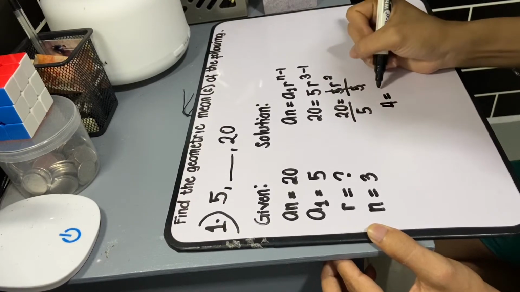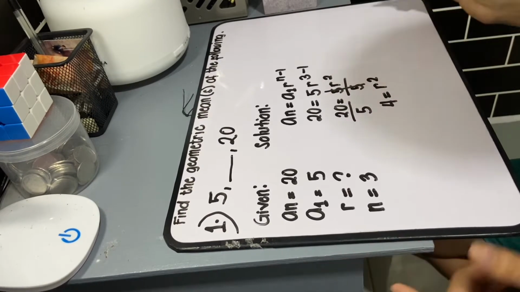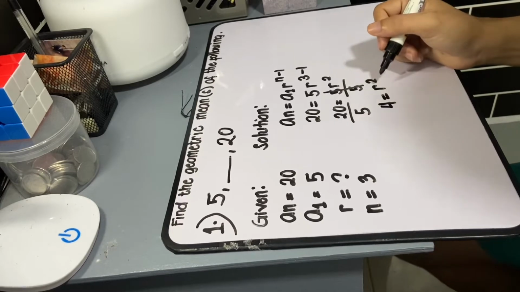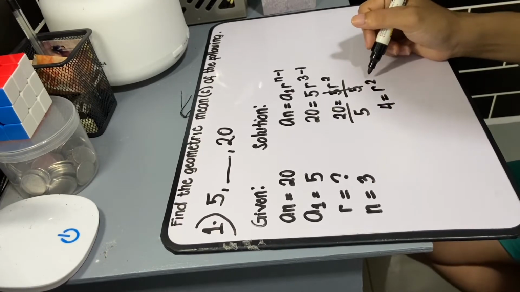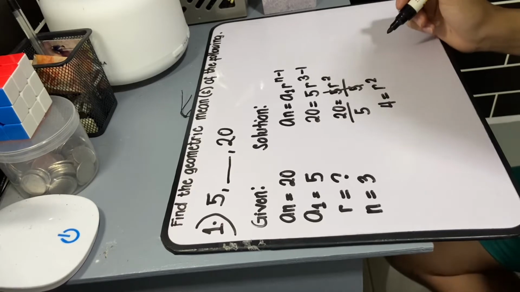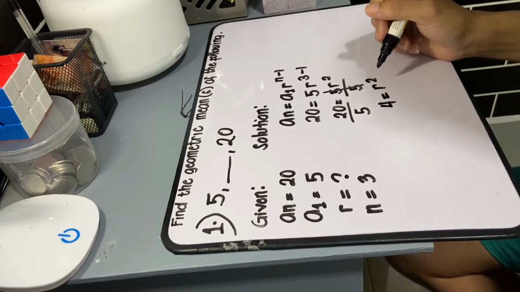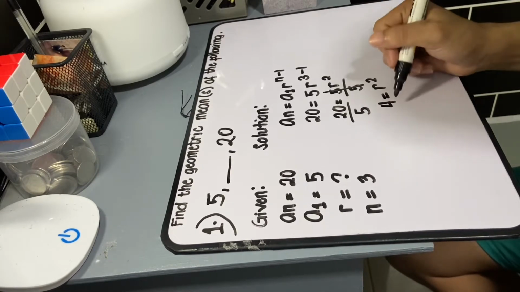So we have 4 equals R raised to the power of 2. Actually, this is not the final answer since there is still an exponent 2. So we are going to find the square root of R raised to the power of 2 and the square root of 4.